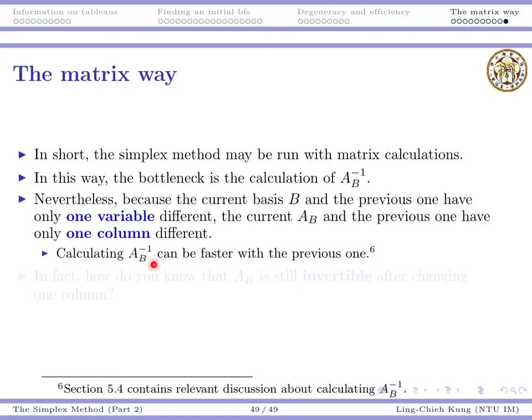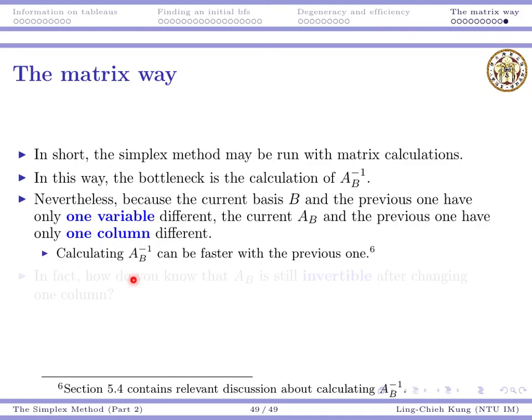One naive way is that I give you AB, you calculate AB inverse directly without any other information. That takes a lot of time. But if you remember that you have the previous AB with only one column different, and you have the previous AB inverse, you take that information into consideration when you calculate AB inverse, that can save you a lot of time.